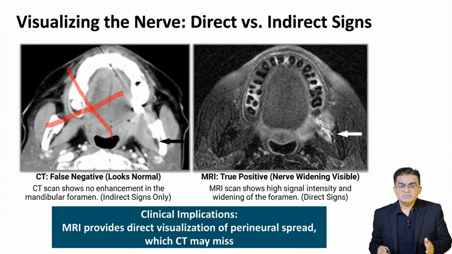The patient's symptoms are real. The CT is just blind. A normal CT means nothing when clinical suspicion is high. You must order a contrast MRI. As we saw in the data, it is the only way to be 100% sure you are not missing cancer.